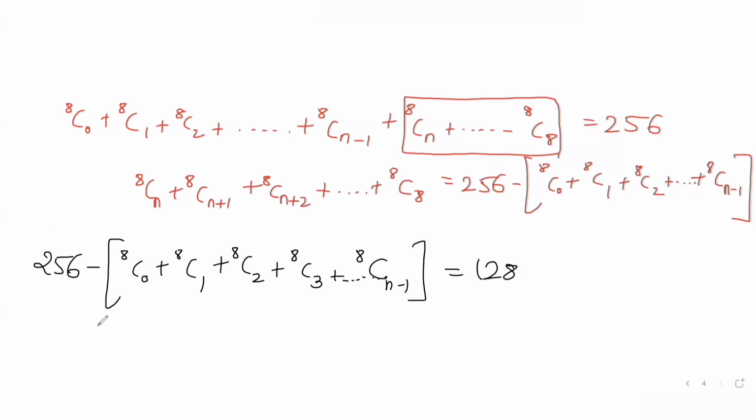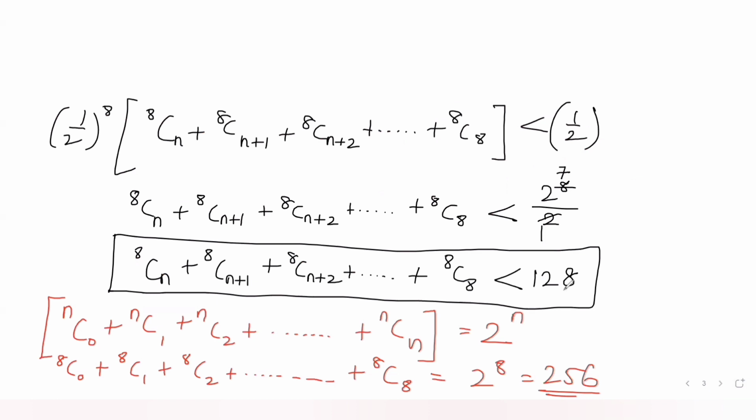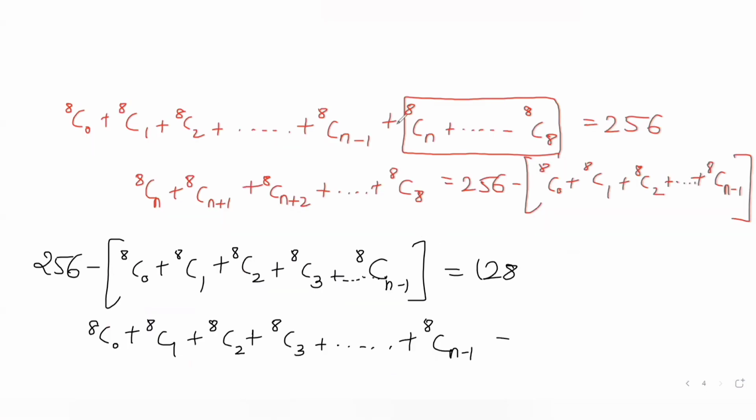And from here I get 8C0 plus 8C1 plus 8C2 plus 8C3 till 8C(n minus 1). Whatever is the value of n, since it was lesser here, it should not be equal. So let's remove that equals to, it's less than.